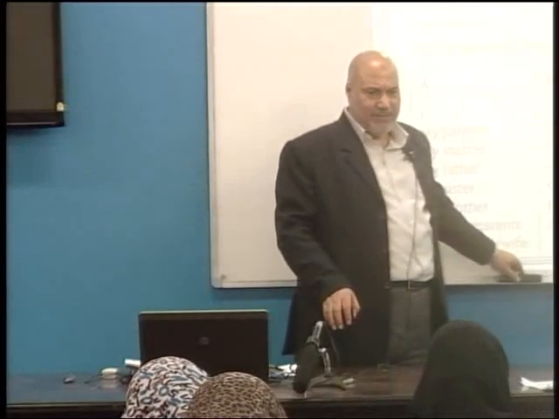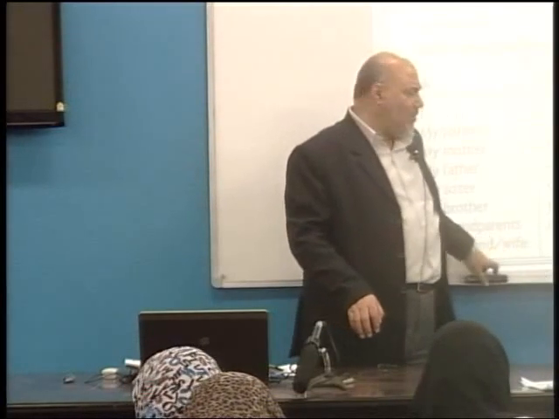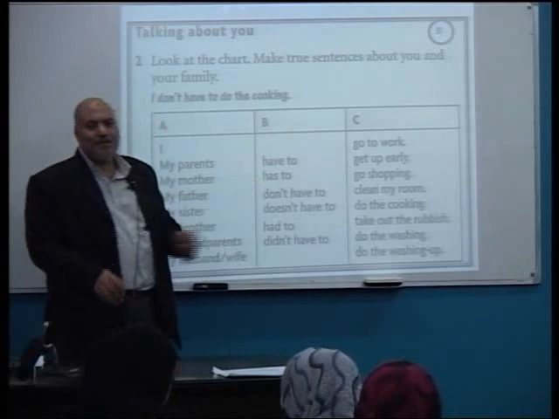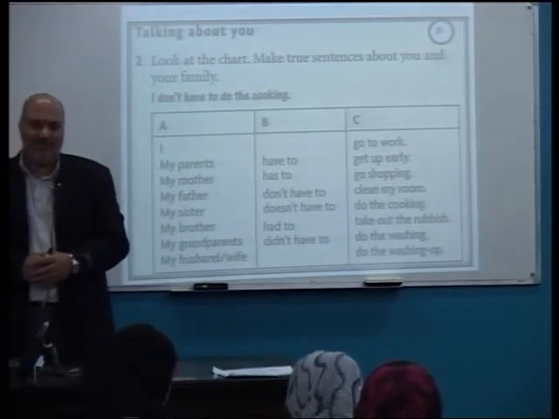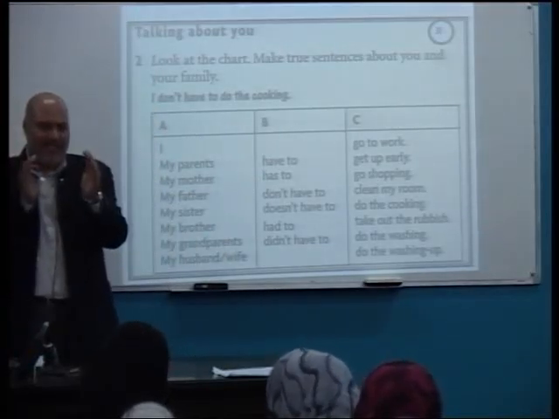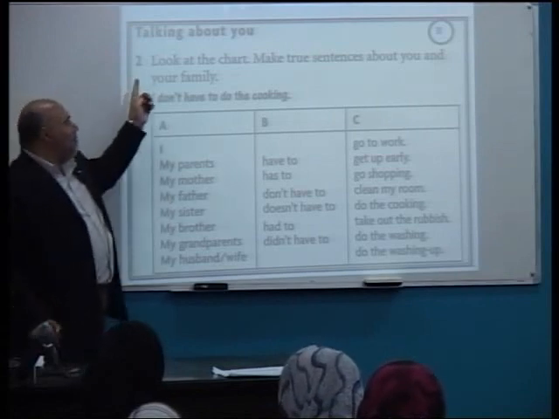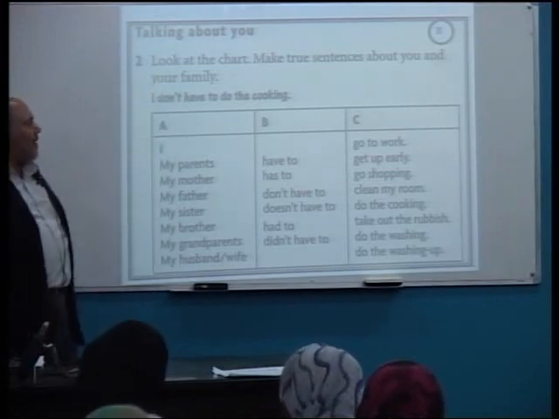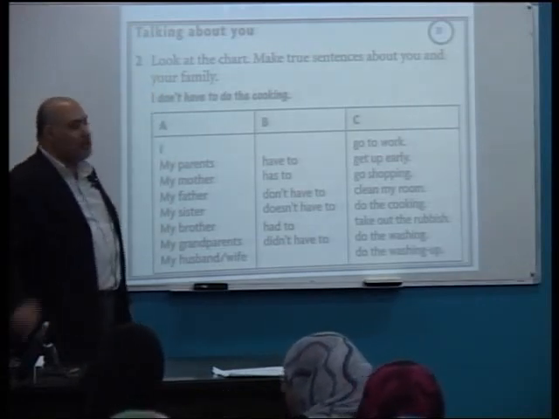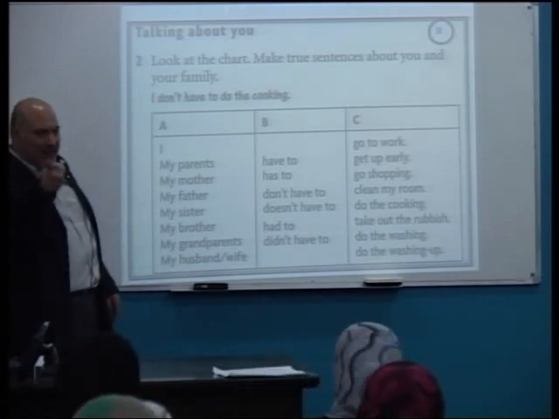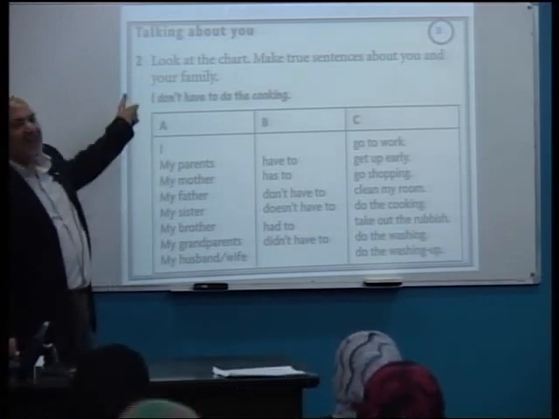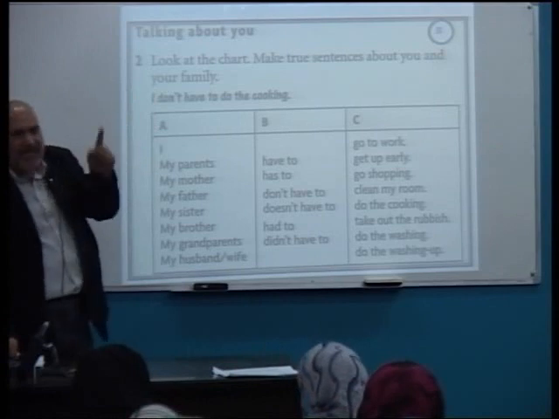Now, look here. Also, we are still in the obligation and permission. Now, we are speaking about obligation. Limit the exercise. Look at the chart. Make true sentences about you, about yourself, and your family. You and your family.